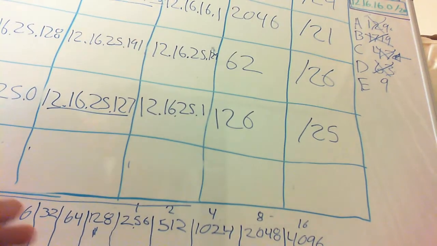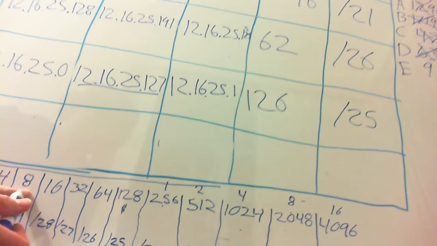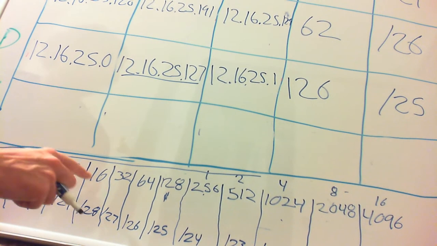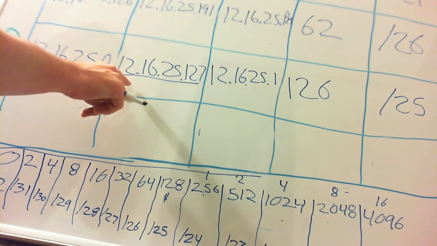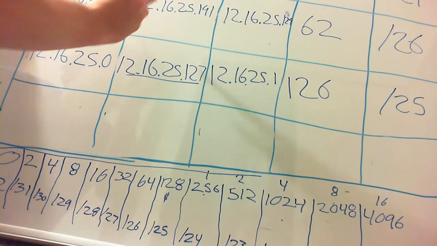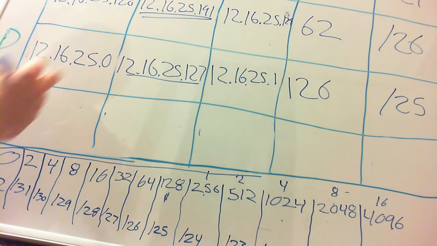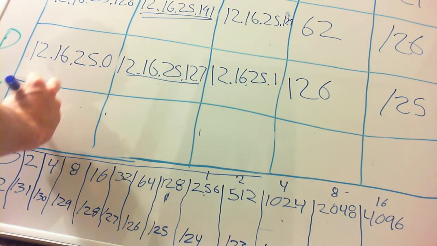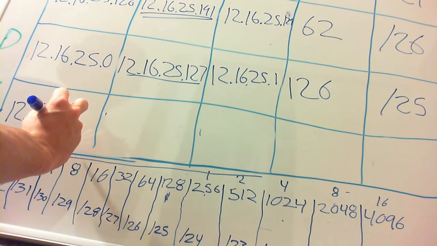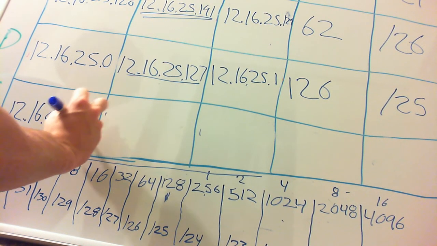Our final number is 9. Doesn't fit into here, so you have to go up to here. So 16, or C. So one more than this number, which is 12.16.25.130.